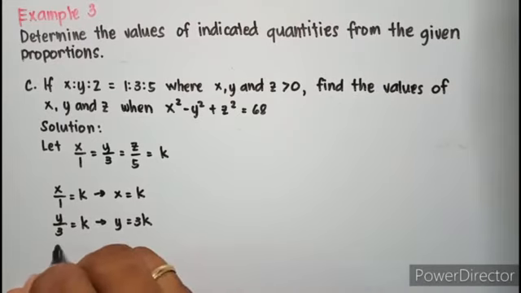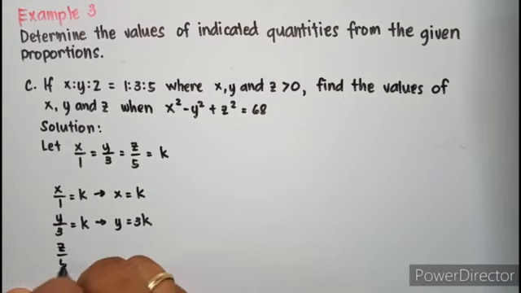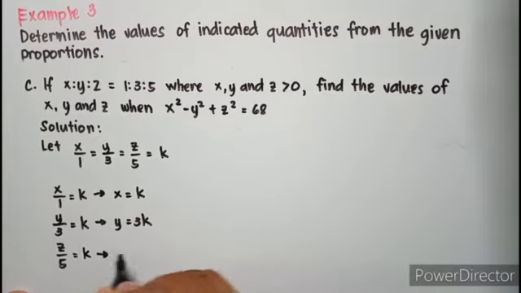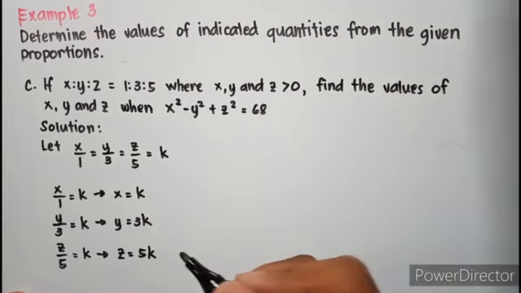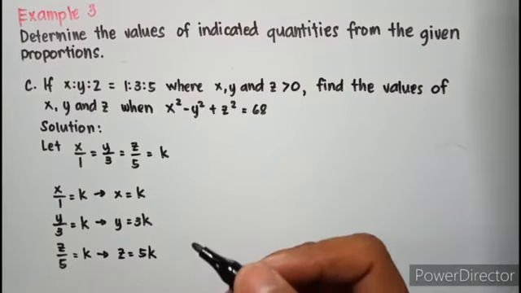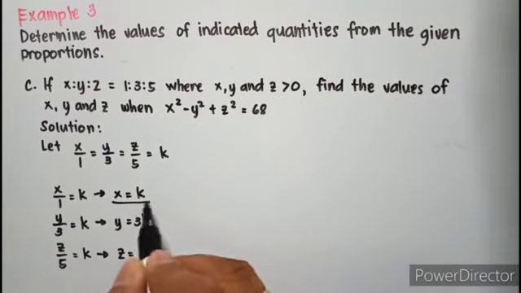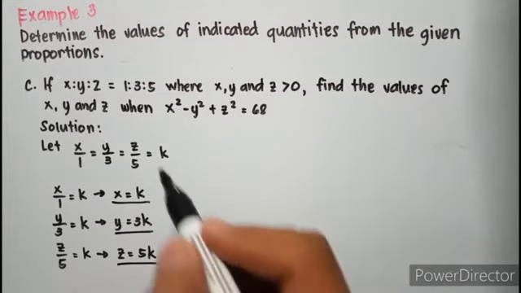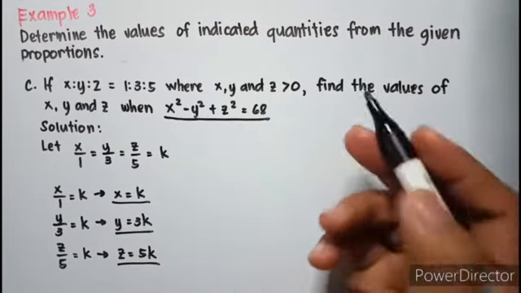Then z over 5 is equal to k. Then z is equal to 5k. Then after that, we are going to substitute x, y, and z into our given equation.